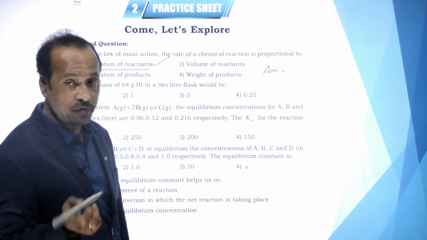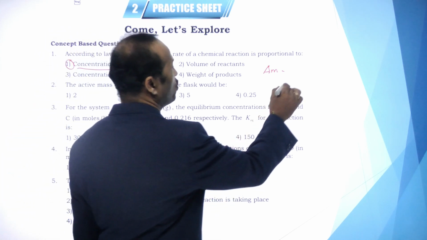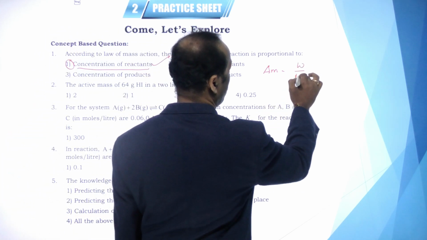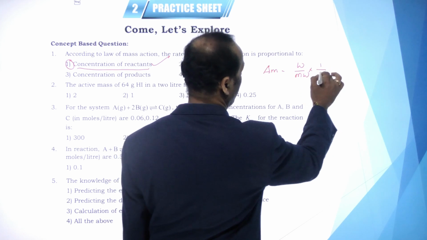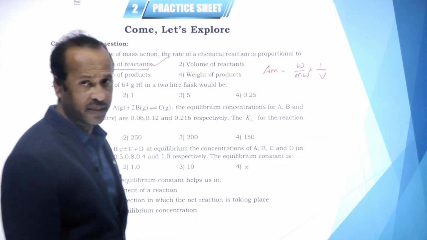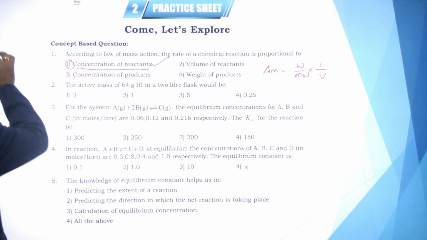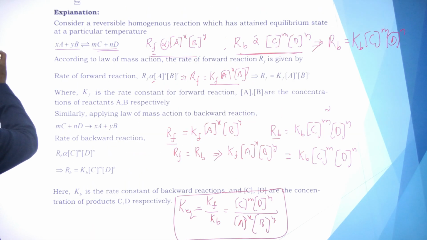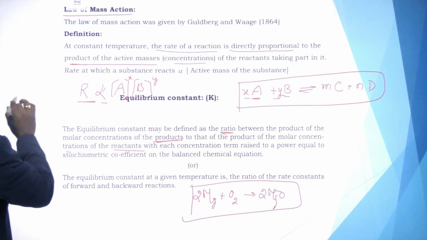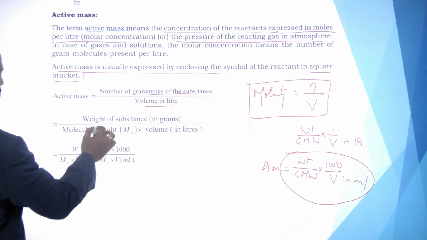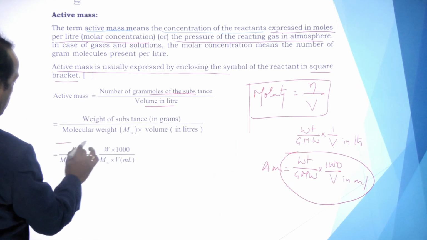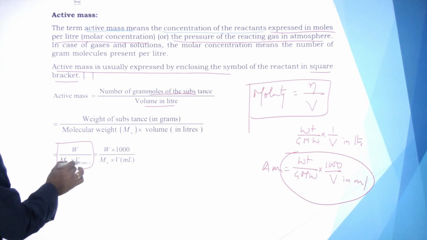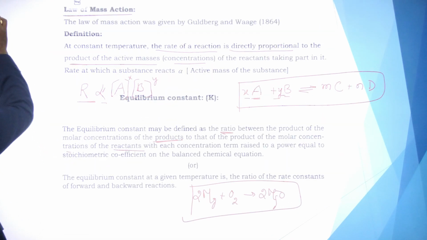Number of moles is weight by molecular weight, so weight by molecular weight into 1 by V. Students, don't get confused here. This formula I am using: weight by molecular weight into 1 by V in liters.